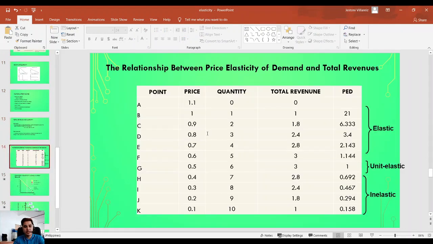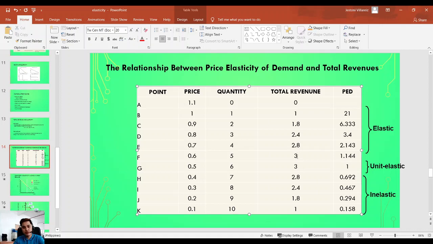So let's say we have here a table of values with price, quantity, total revenue, and our elasticity. Now if you have noticed, as our price decreases from 1 to 0.6, our total revenue is increasing from 1 to 3.